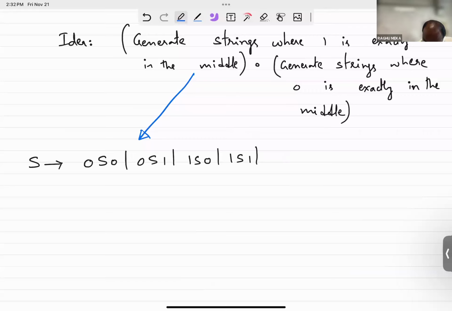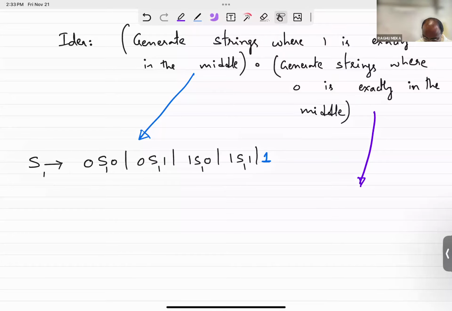I'm just going to erase this. So what does this do? The middle one is always S until I substitute it with a 1. So that's for this piece. I'm just going to make it S1 so that I don't get confused. And for the second half, what should I do?